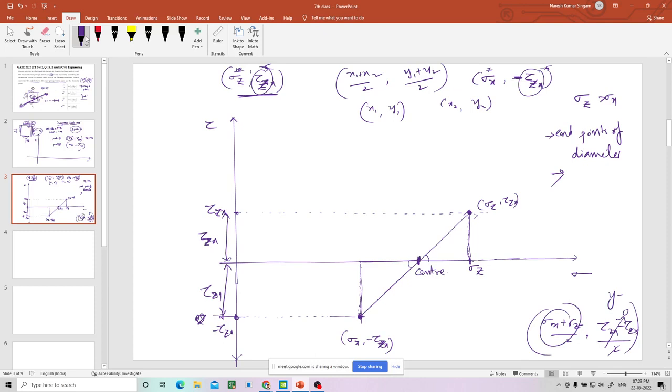Now you know the center of the circle and you know the diameter, so you can complete the circle. How can we do that? Just take a compass and you can finish it off. For the time being, let me draw.